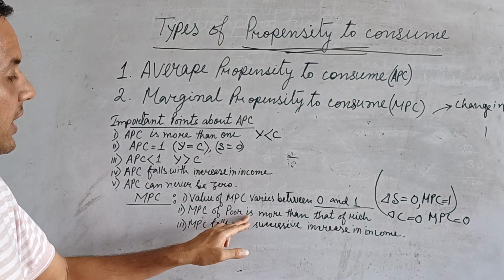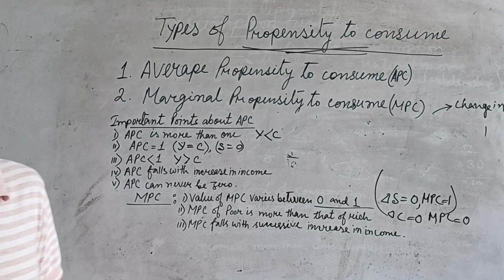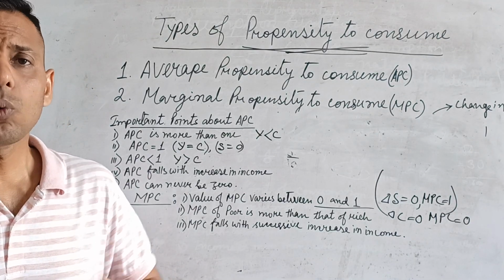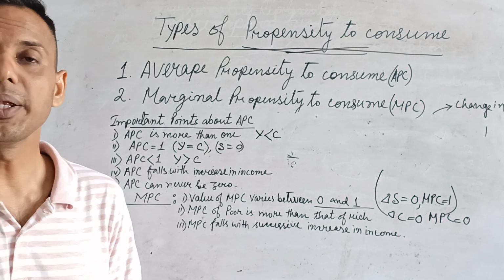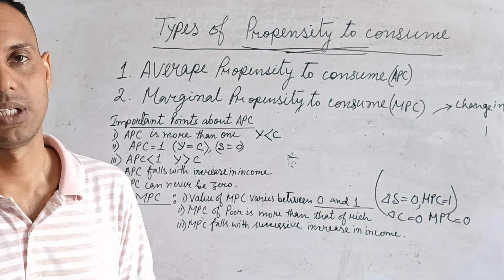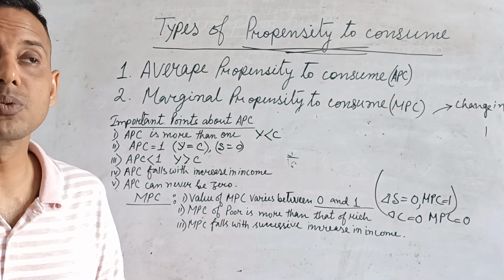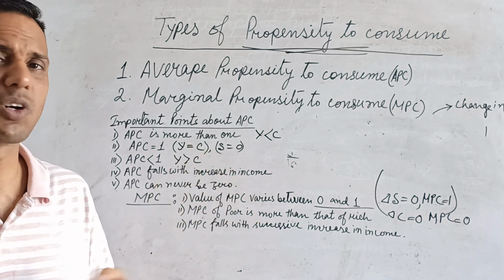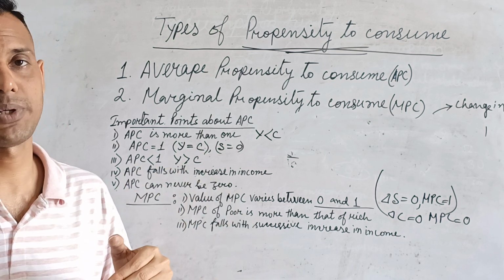MPC of the poor is more than that of the rich. It means, for example, in India, as a developing country, we have more tendency to consume. You can say this is the demonstration effect. So MPC, marginal propensity to consume, is more for the poor and less for the rich, because they have already consumed.